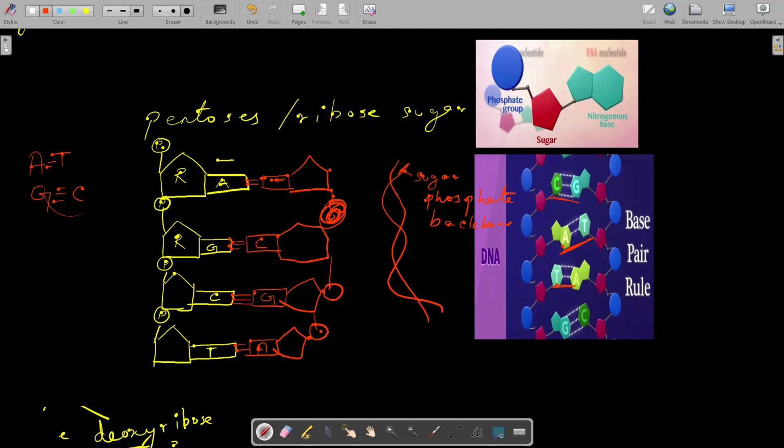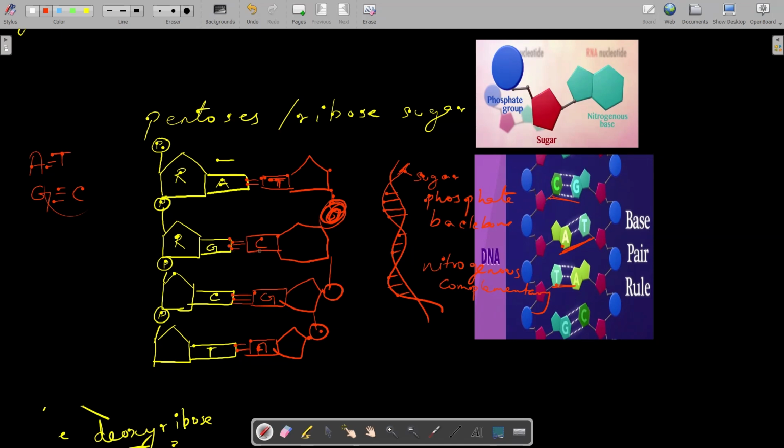And what you see in the middle, the rungs like a ladder, these rungs are the nitrogenous bases which are paired to their complementary bases. They complement each other. Adenine will always be paired with thymine.